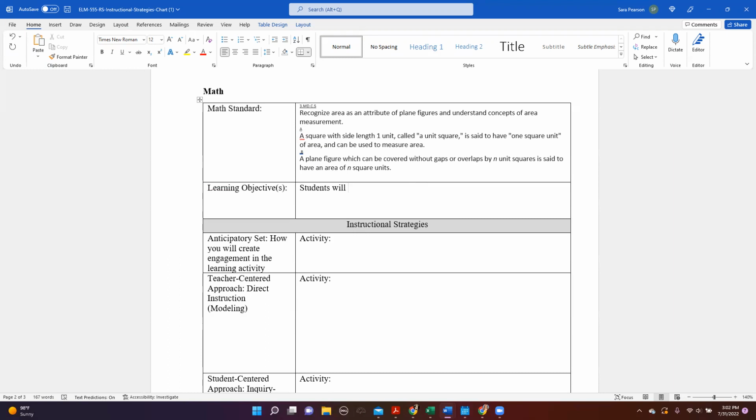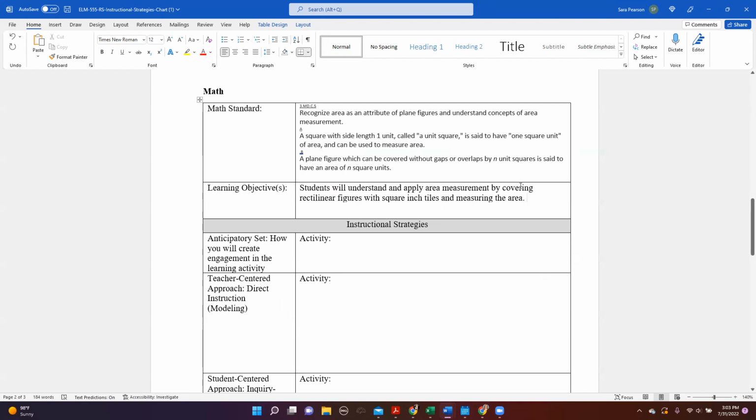So students will understand and apply area measurement by covering rectangles or rectilinear figures with square inch tiles and measuring the area.